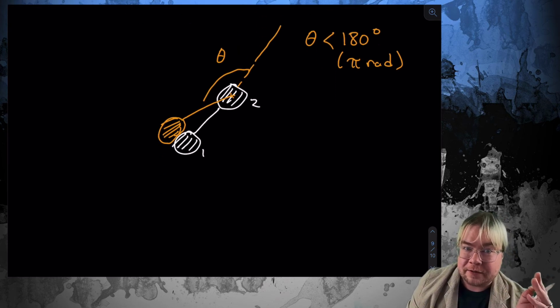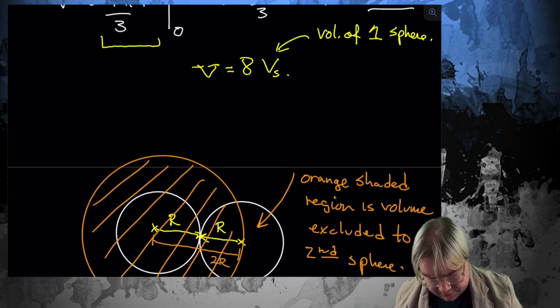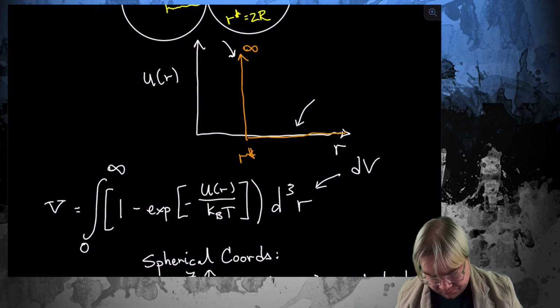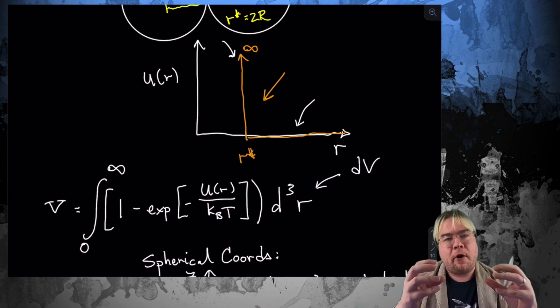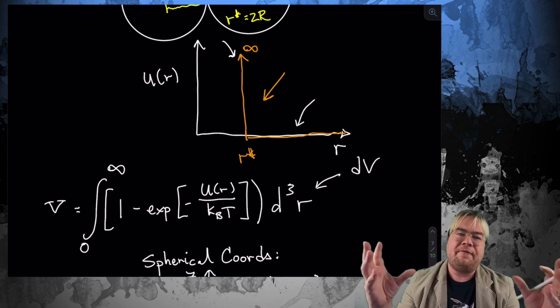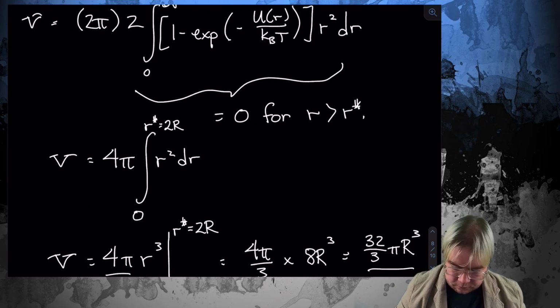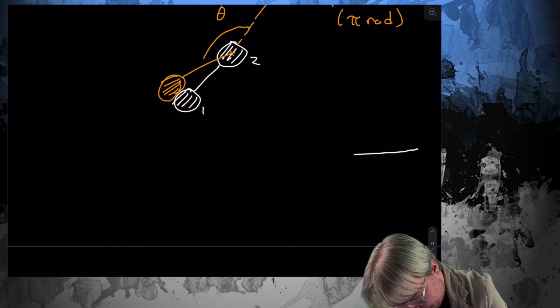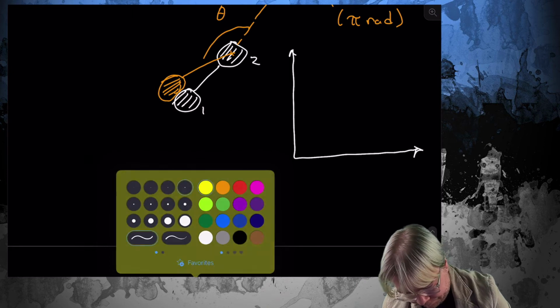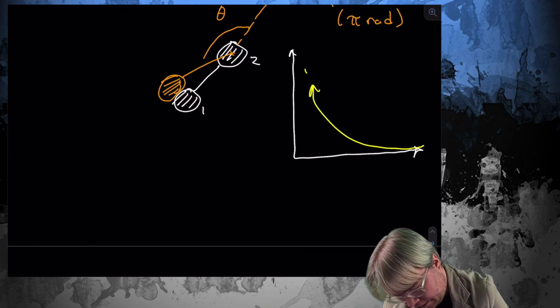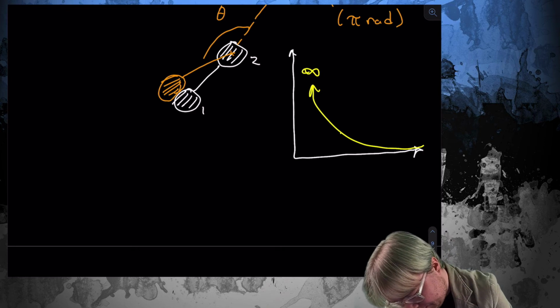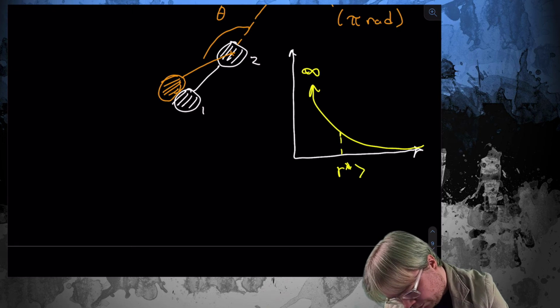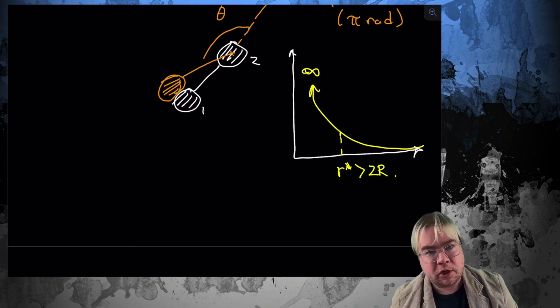Now that's only if they're hard spheres. What if they repel each other? This potential that I showed up here, this is if they're hard particles. But what if there's some force that wants them to be farther apart than that? Well, then I could get something that maybe looks like this. Maybe my potential function is going to look like that. And maybe this repulsion here is going to happen at a value of r star that's greater than 2 times r.